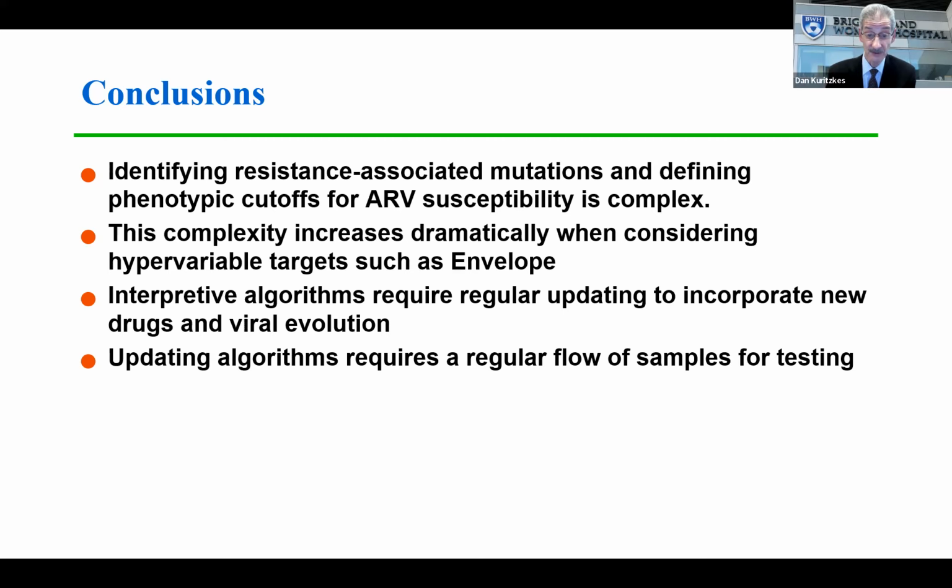This complexity increases dramatically when considering hypervariable targets such as envelope. Interpretive algorithms require regular updating to incorporate new drugs and viral evolution, a major problem when phenotypic tests are not ordered routinely from the clinic. And updating algorithms requires a regular flow of samples for testing.